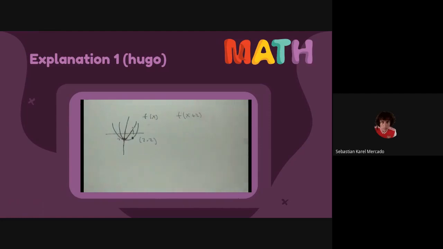The key of making the graph is that you need to make it look the same as the first curve. You have to try your best to make the curve as similar as possible to the first curve.